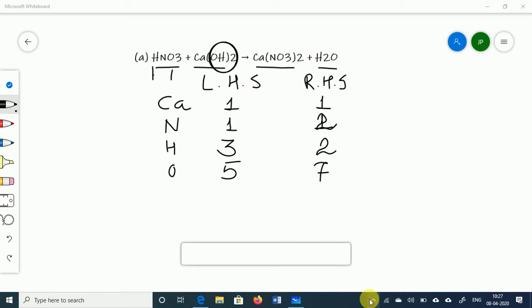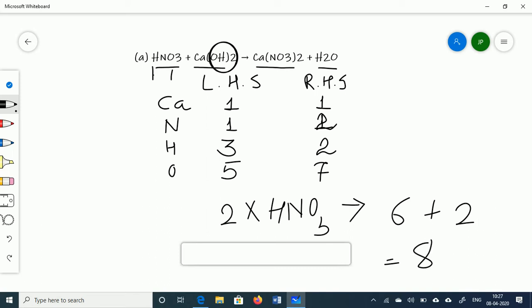So here it is 2 into HNO3. Now oxygen becomes 6 plus 2, that is 8. Oxygen becomes 8.